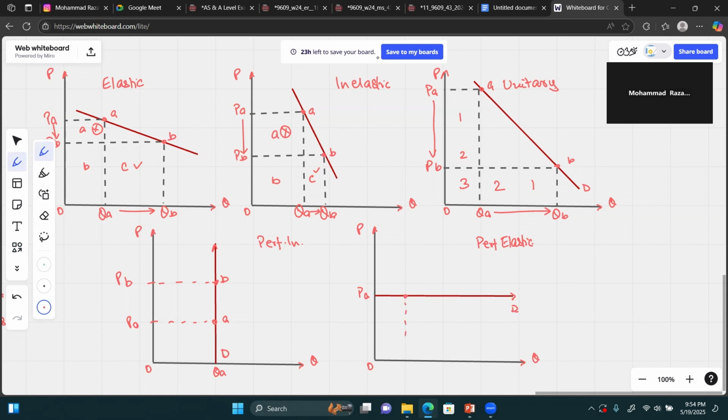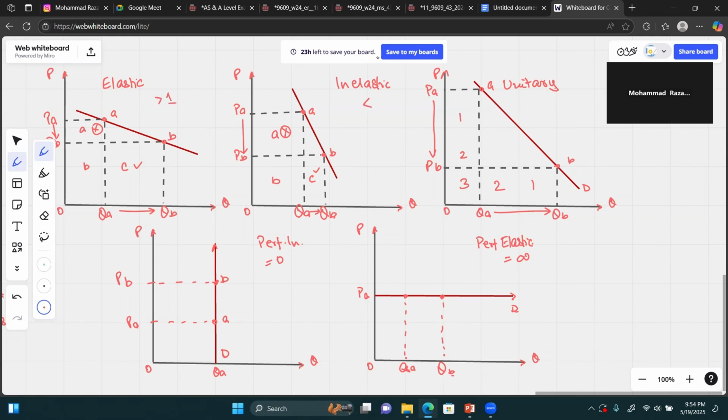No matter whatever is happening, the quantity keeps on changing on its own without any change in price. So the value of perfectly inelastic would be zero. The value of perfectly elastic would be equal to infinity, which जो कि आपके calculators पे you will be able to understand through a mathematical error. अगर MA आ जाएगा या error आ जाएगा आपके calculations में तो इसका मतलब है this is perfectly elastic. Elastic means greater than one.